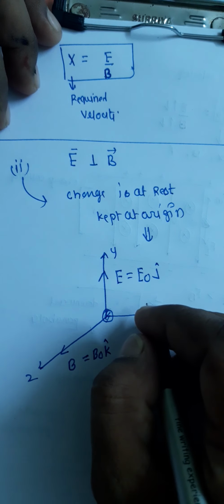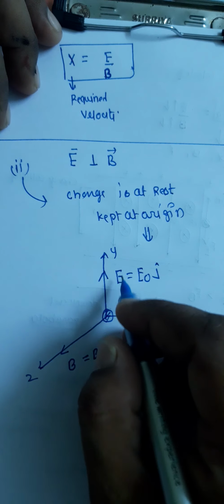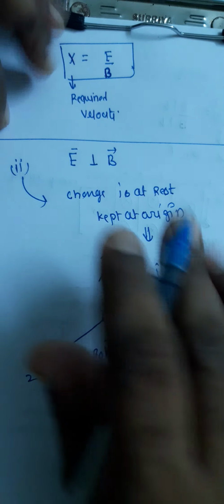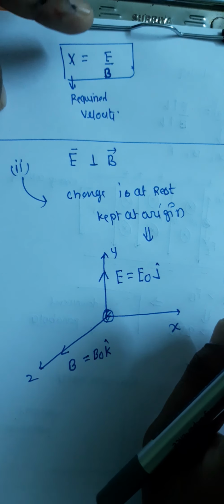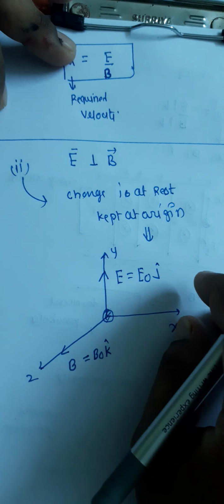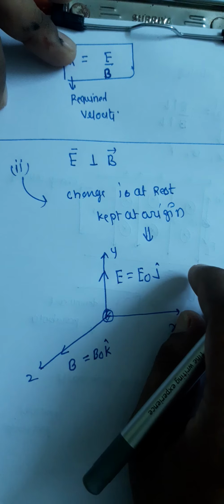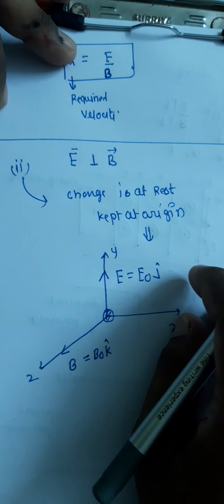Because of the electric field along this, what will the charge experience? There will be no magnetic force, because a magnetic field acts only when there is motion of the charged particle.